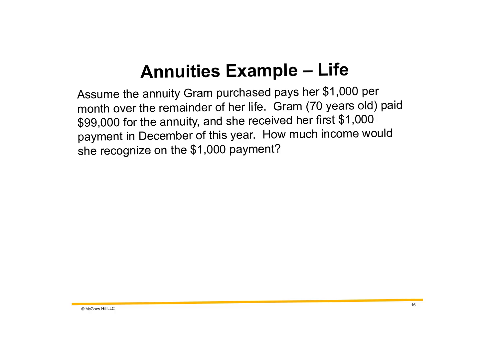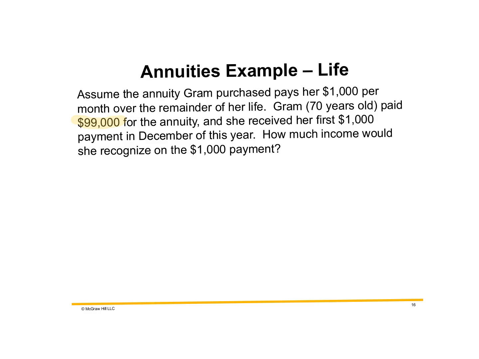How much income would she recognize on that $1,000 payment? So whenever we looked at our fact pattern, we paid $99,000 for that annuity, so that'll be helpful for us later.